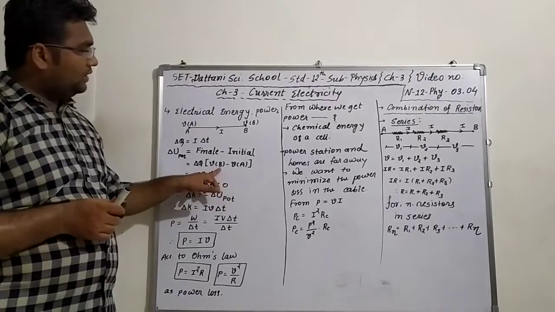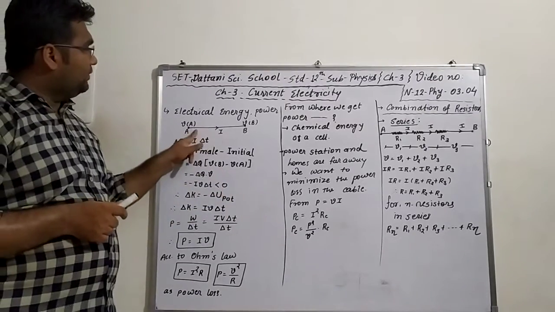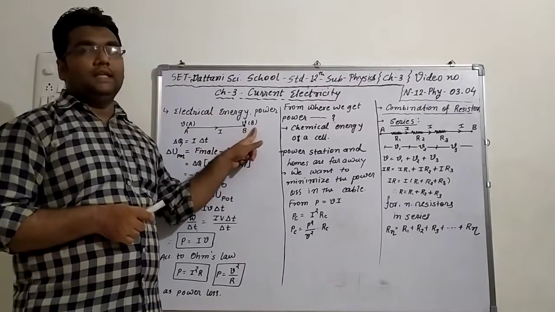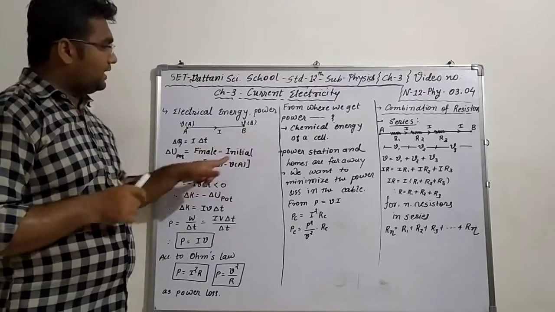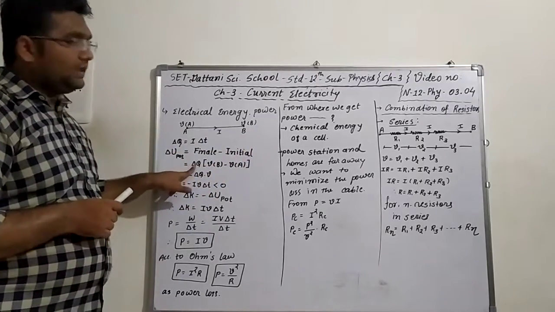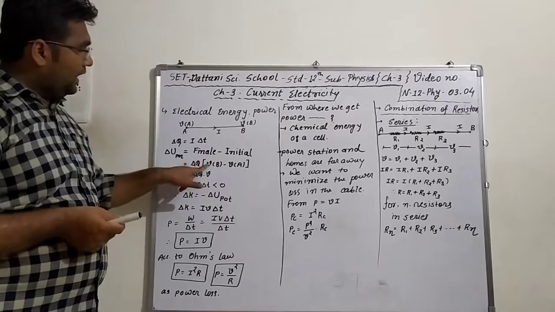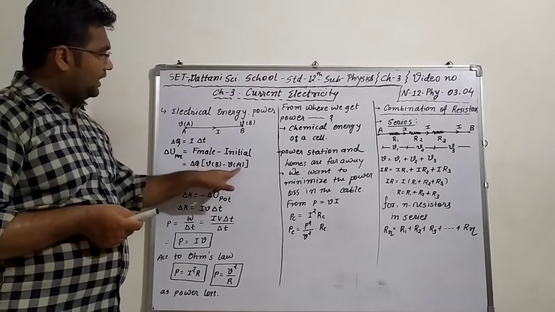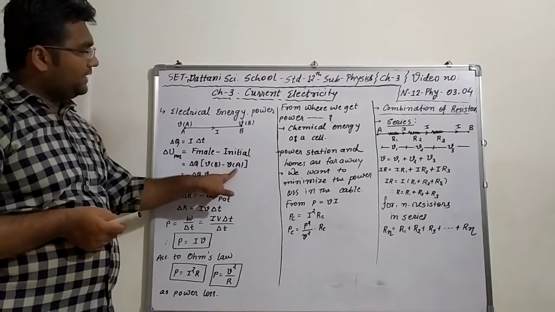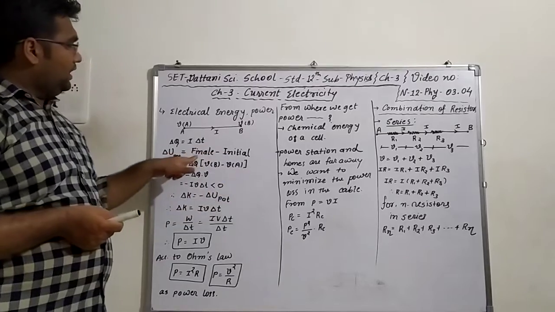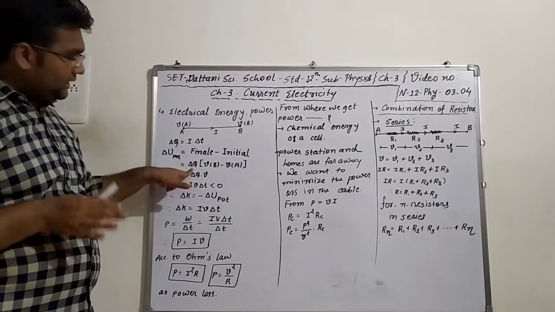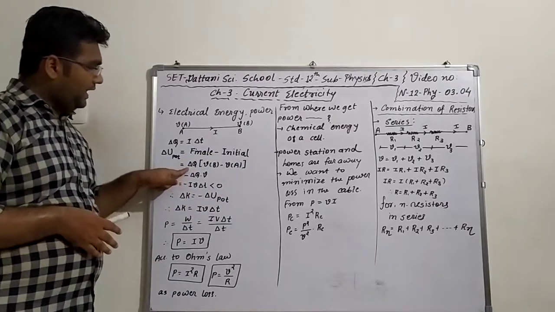VA and VB is the potential energy of a unit charge. But here we have the charge delta Q, and VB minus VA, final potential minus initial potential, into delta Q is called potential energy.